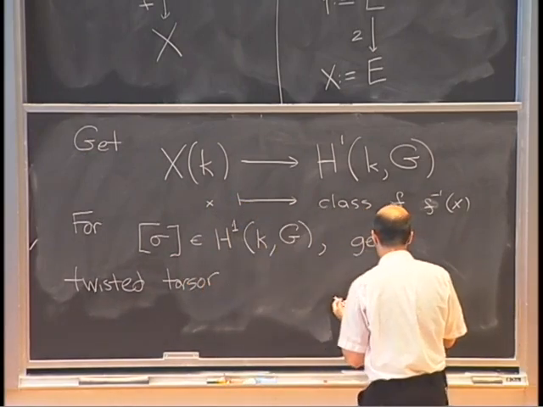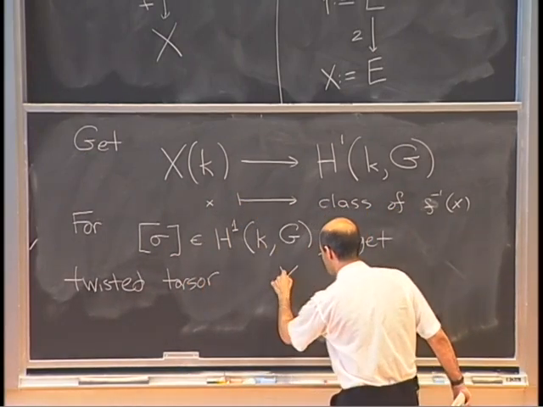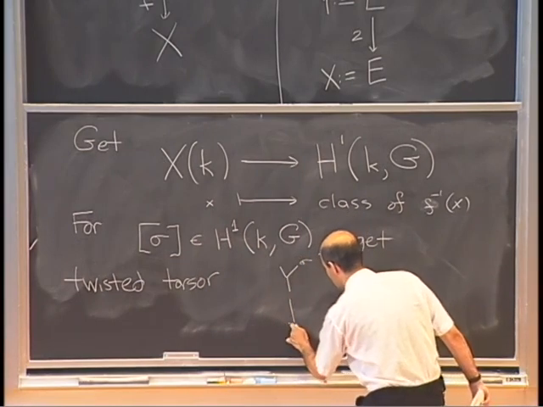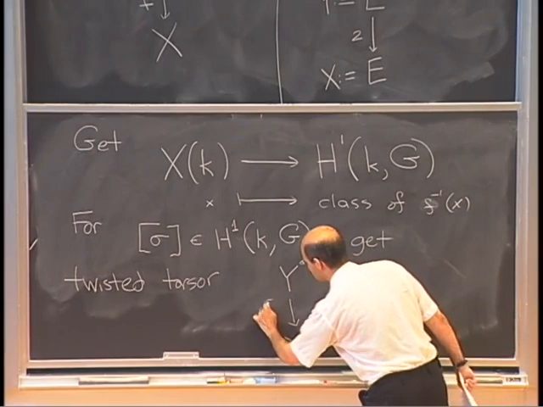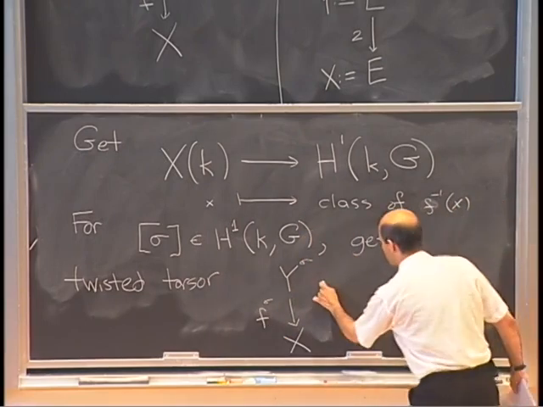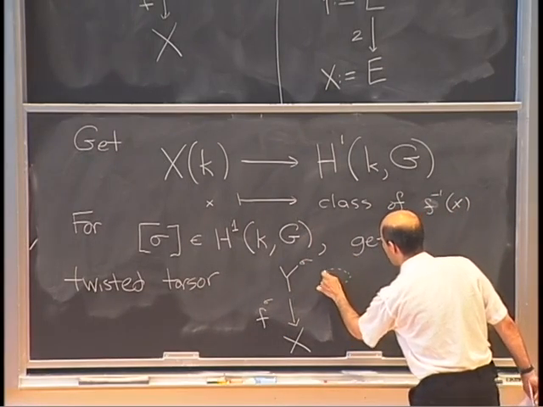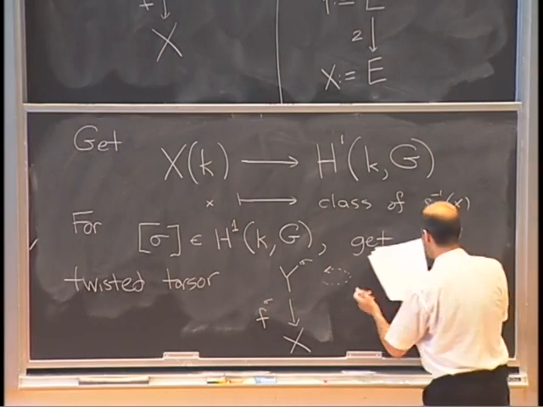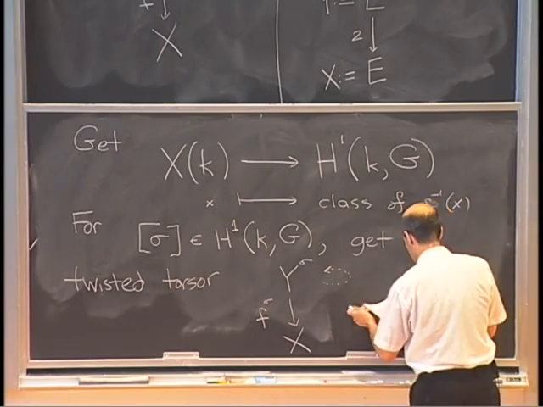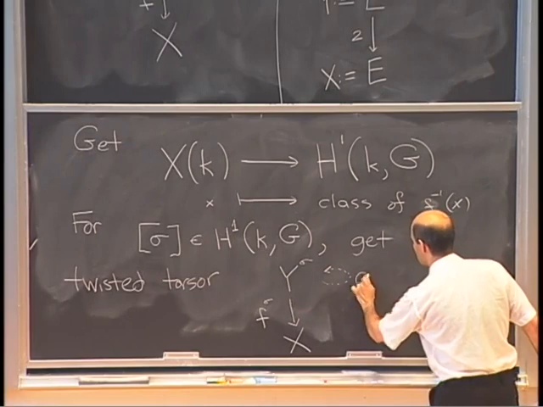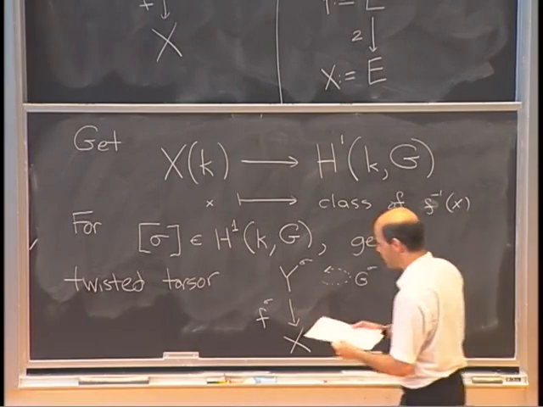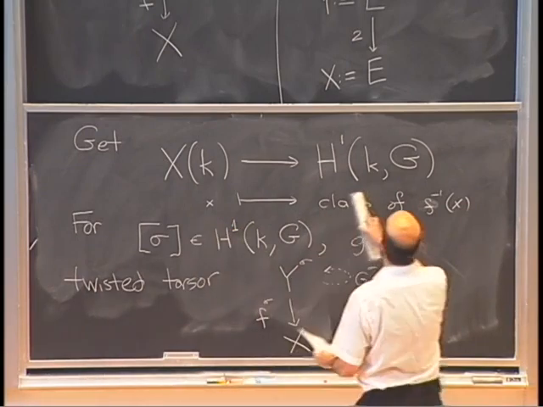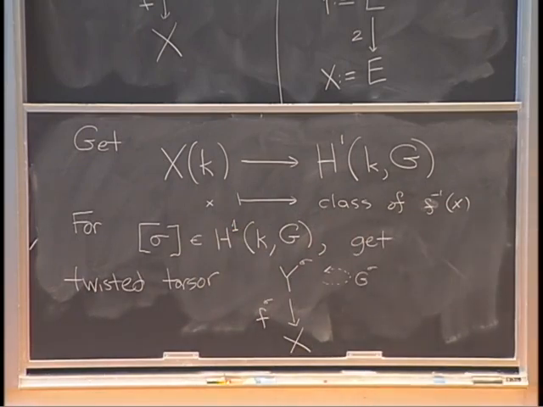So it's again a torsor over X. I'll call this map now F sigma. And well, if G is non-commutative, you might have to twist G as well, but it doesn't really matter much. But okay, so you get some inner form of G, and now I can describe what the pieces of this partition are.